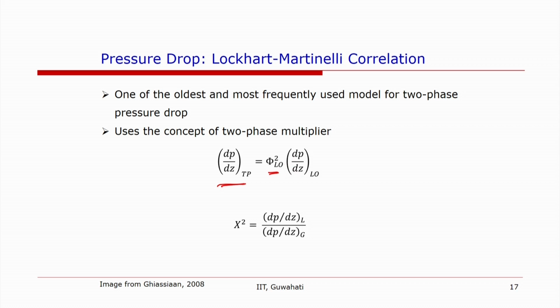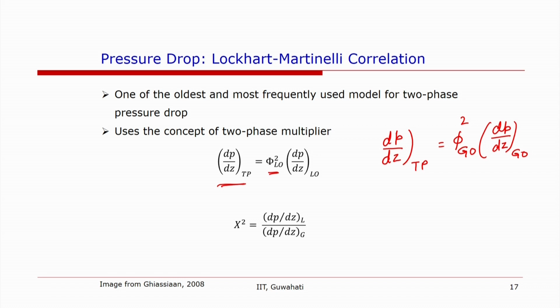One can also have dP over dZ two phase equal to phi gas only squared and dP by dZ for gas only. So, there are different correlations for this also.